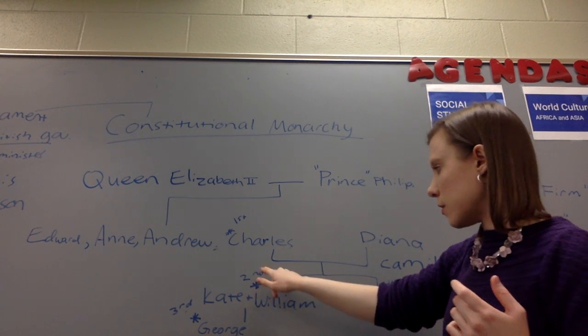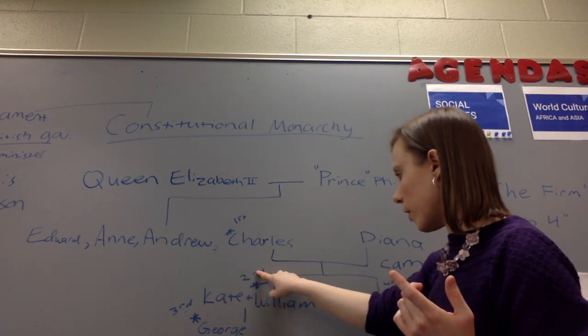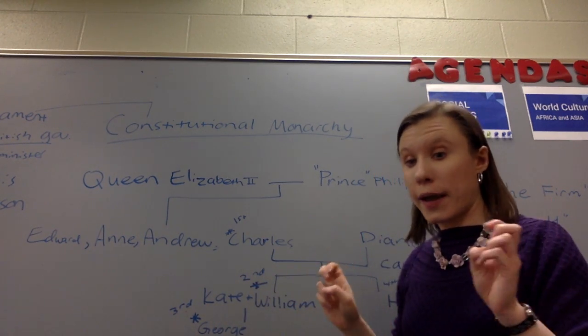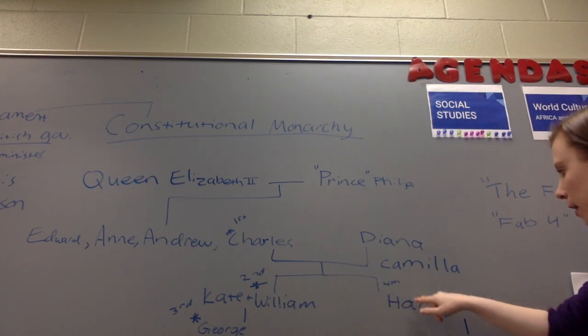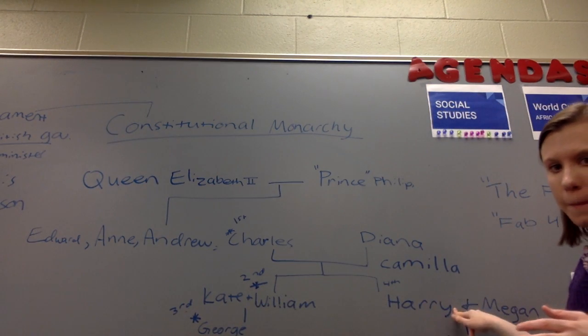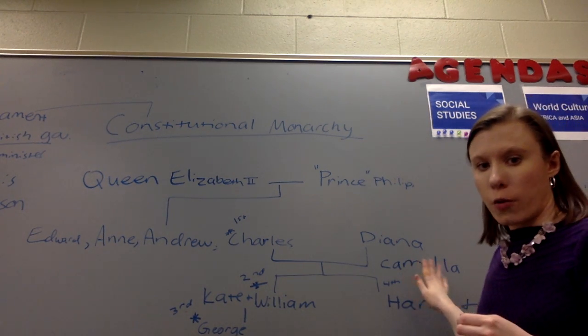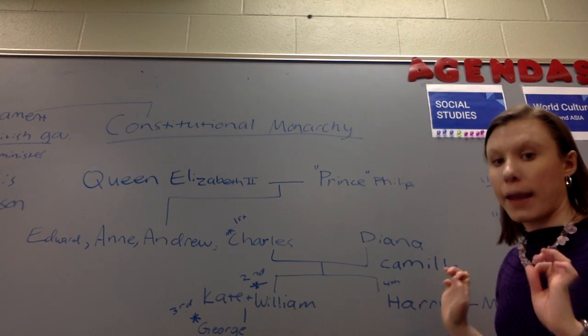George was first, and so technically that means that Charles is now first, William is now second, and George is now third. You heard of the phrase heir and a spare? Well, they have their heir and a spare here. And then on Harry's side, Harry, of course, married Meghan and had baby Archie recently. And so Harry's like, I don't want anything to do with this anymore. I'm done. I'm abdicating.